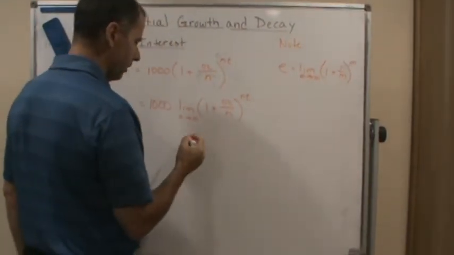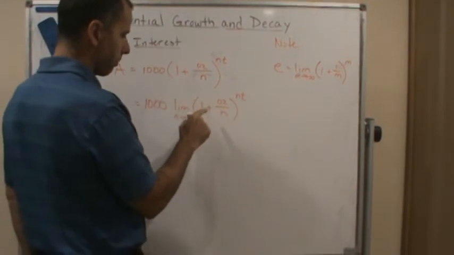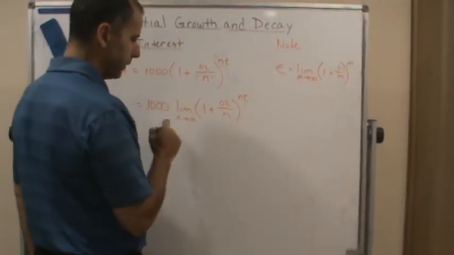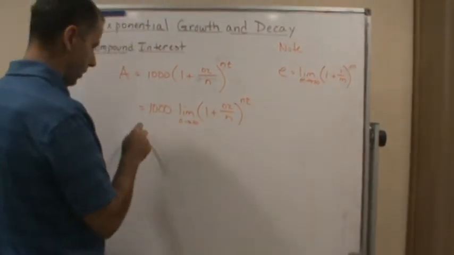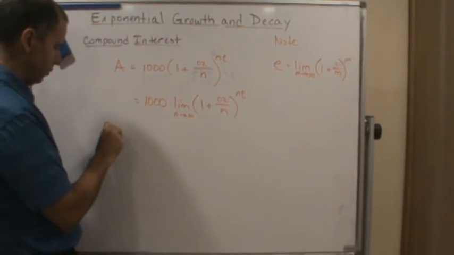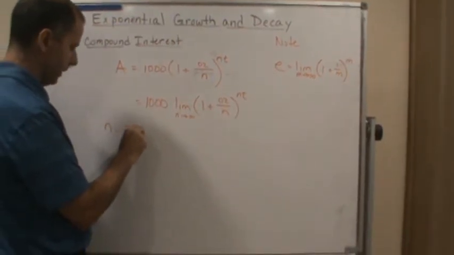So let n, we need a 1 up here. So let n equal 0.02 m. Okay, so let me write it down here. So let n equal 0.02 m.